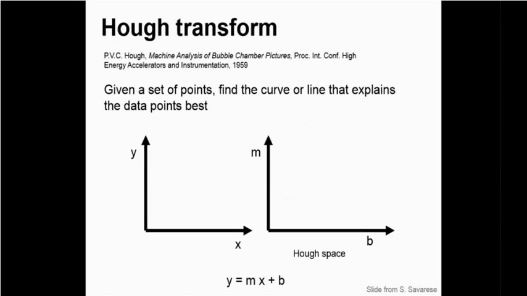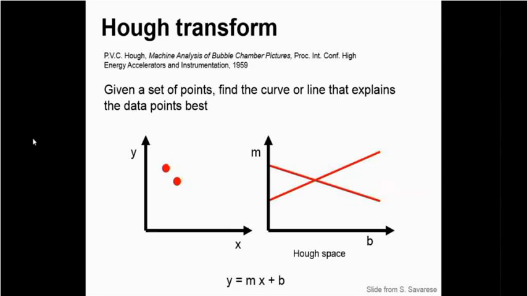So for example, in the y equals mx plus b formulation, given a point x, y, there's a whole space of lines that would satisfy that point. It's basically all the lines that pass through that point, which is a set of possible parameters according to that one point. Then if I get a new point, there's another set of lines that could pass through that new point.